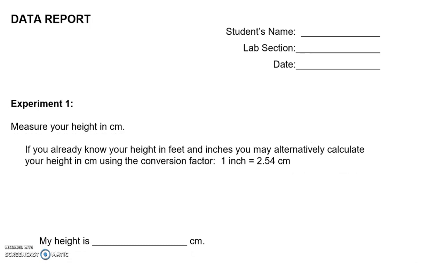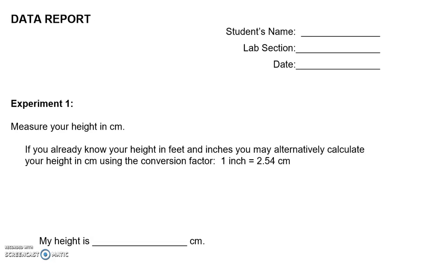First thing, and you should do this even though we're not going to have a real class data table, you should find out your height in centimeters. I'm going to give you an example. For me, I'm 5'10". That means I'm 70 inches tall, and if I convert that into centimeters, then my height is 177.8 centimeters.